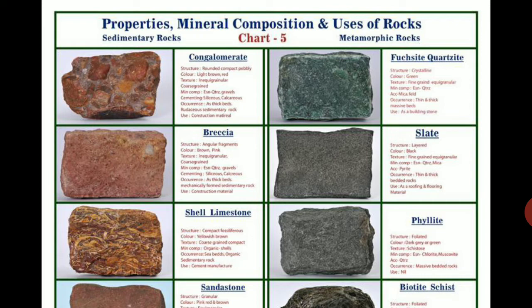So the structure is rounded compact pebbly. The color is light brown to red. Texture is inequigranular because of rudaceous texture. Rudaceous means big size pebbles are embedded in the rock, which is called conglomerate.